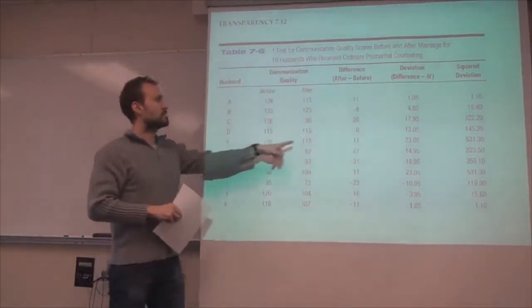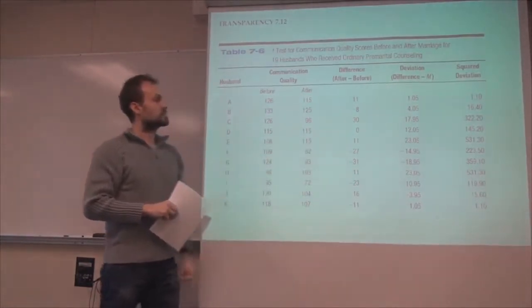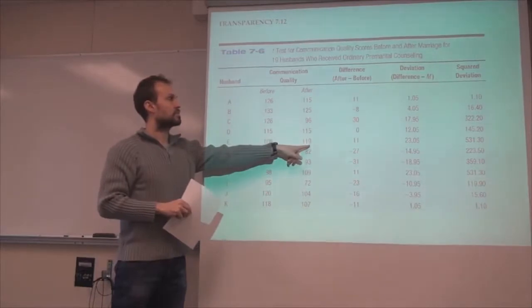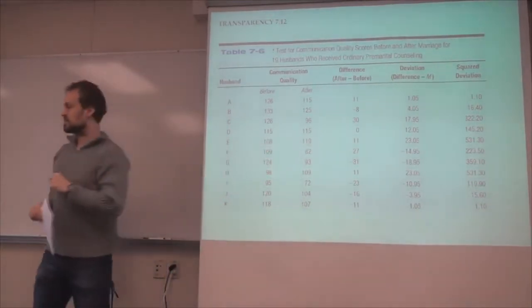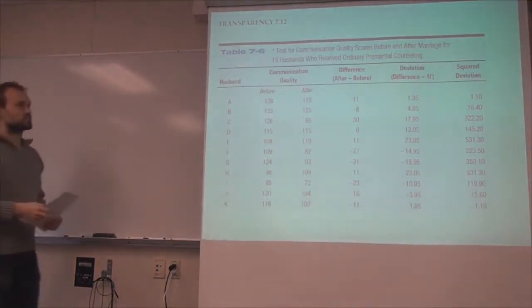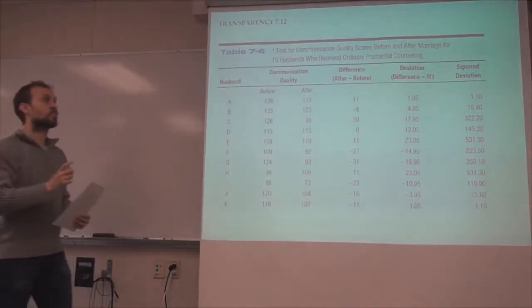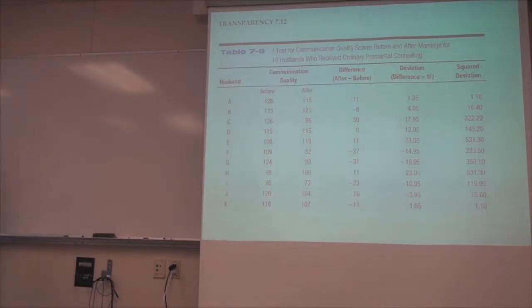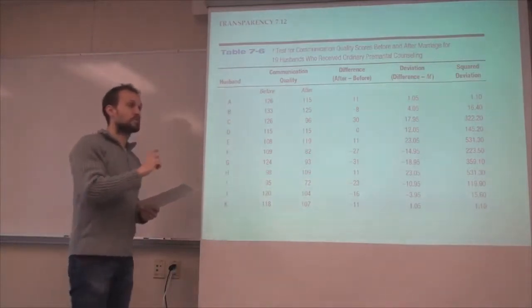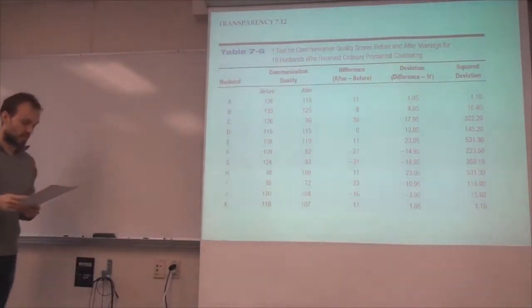Individual E, his difference increased, meaning that the after rating is higher than the before rating. So I get positive, negative, and zero values for the difference scores. Everyone happy with the idea of the difference? I think it's an overly complicated concept. It can be positive, negative, zero meaning no change.